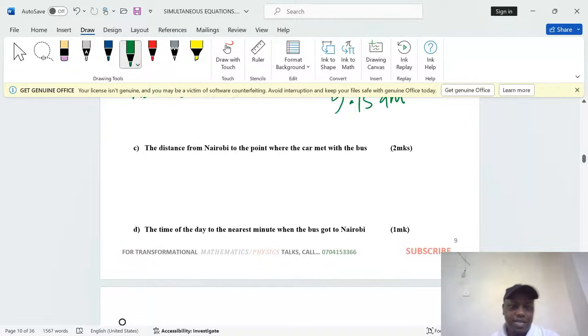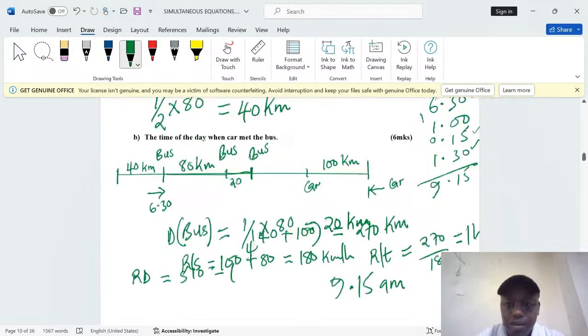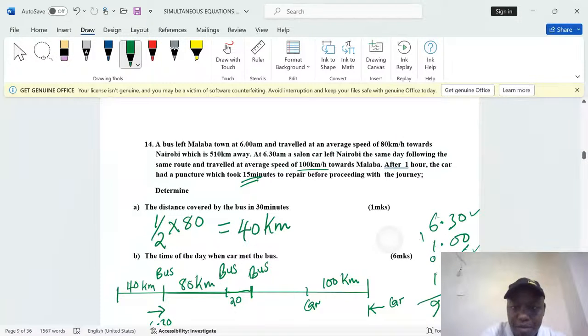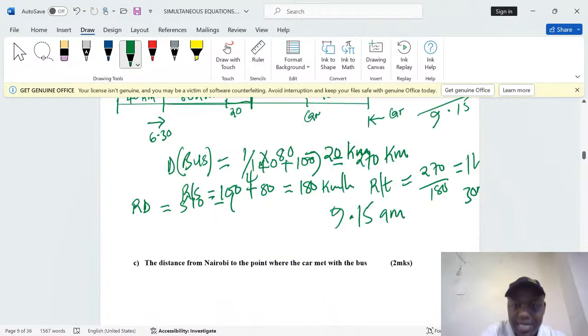Finally, there is a part C which says the distance from Nairobi to the meeting point, or the distance from Nairobi to the point where the car met with the bus. So remember, the vehicle moving from Nairobi is the car.